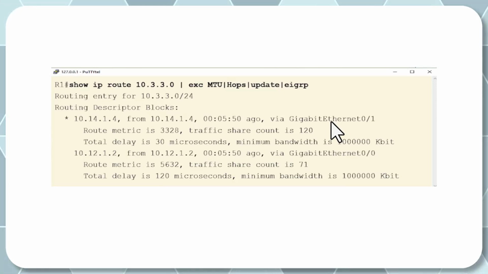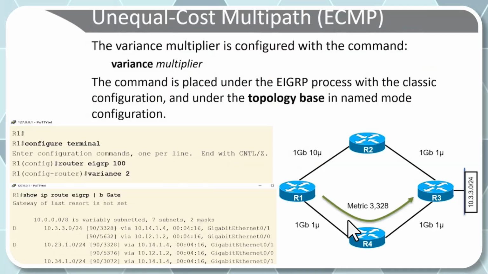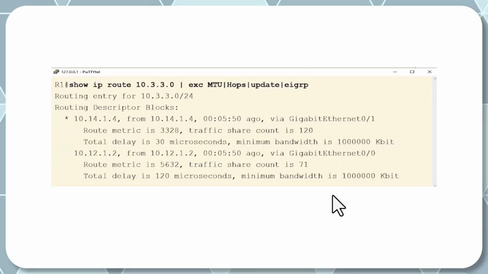Traffic is going from both paths. For the first link, the traffic share is 120; it is taking more traffic with the variance. And from the other path the traffic share is 71. It means now we have achieved load balancing in EIGRP.